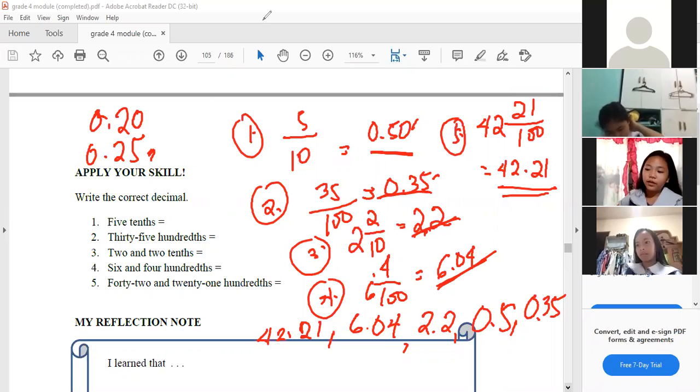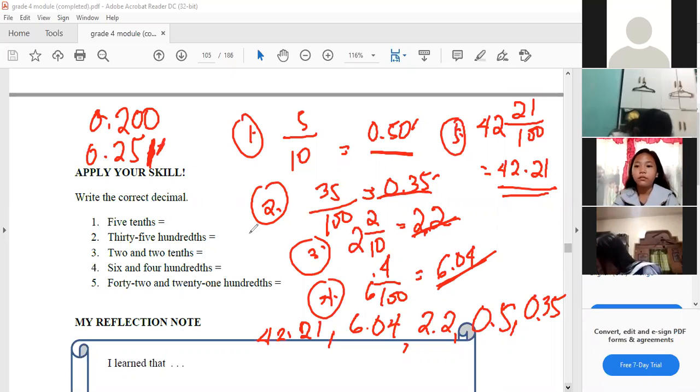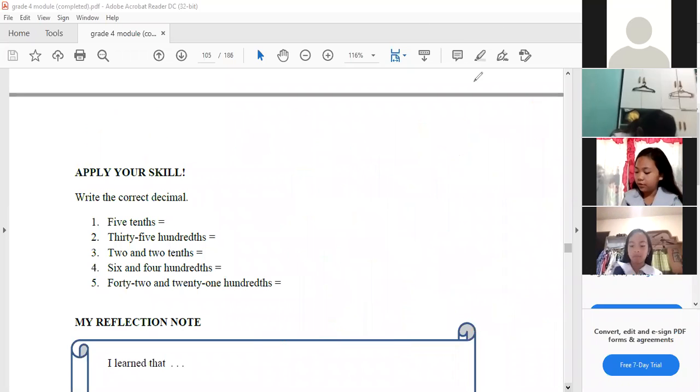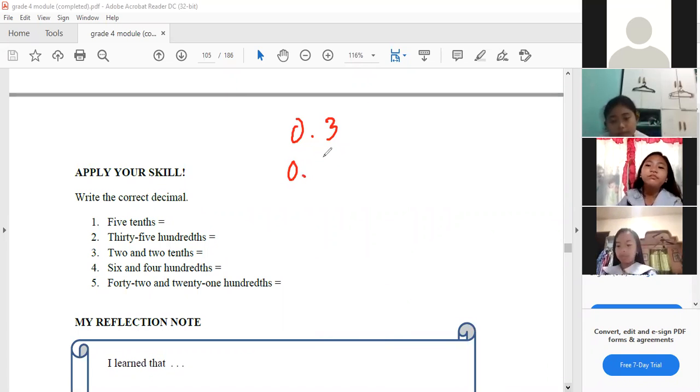You need to add 0 if it's only one number. Clear? Yes po, sir. Okay. What if we have 0.3 and 0.25?